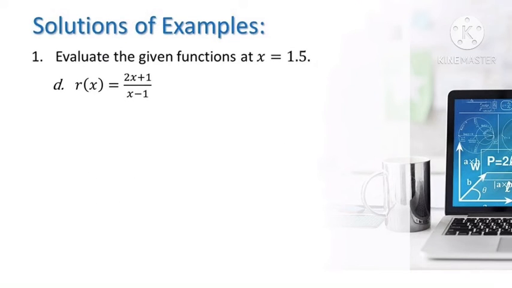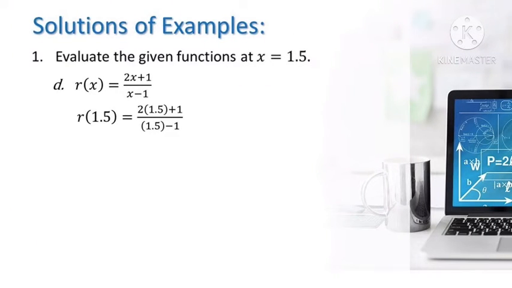And now, for evaluating the next function, which is r of x is equal to 2x plus 1 all over x minus 1, we will do the same thing. That is, x both sides of the equation has to be replaced with 1.5.